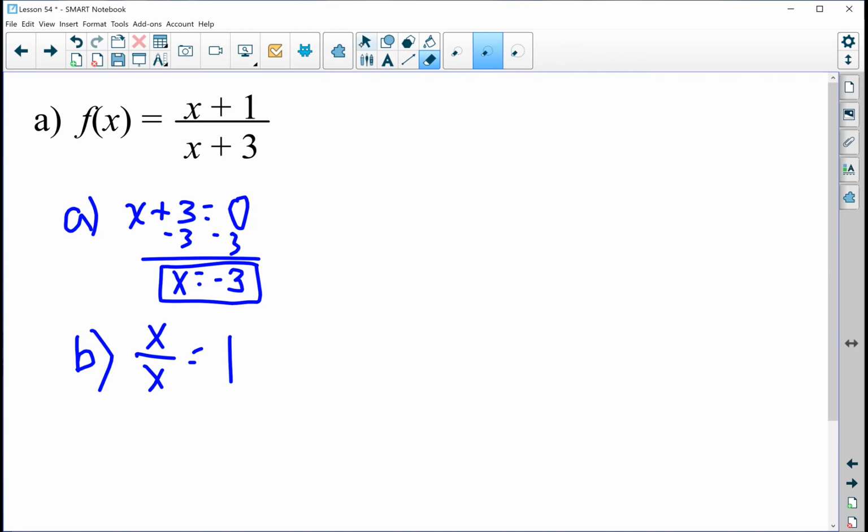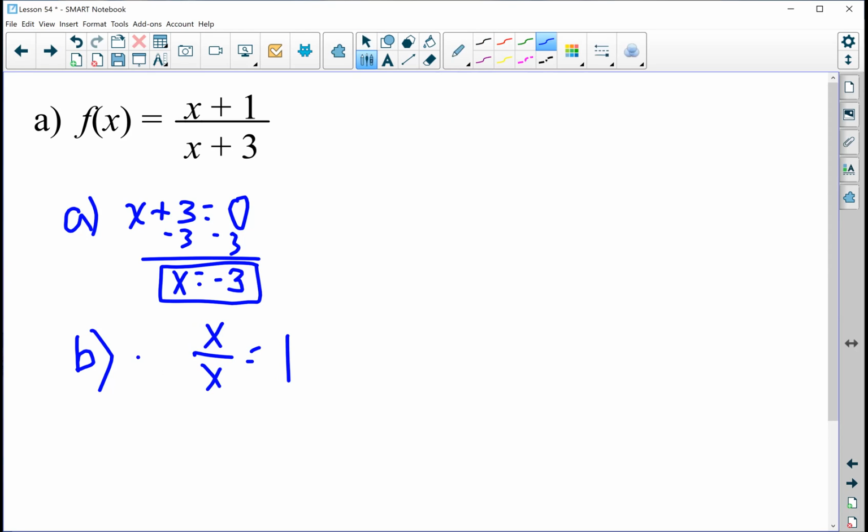So what this is saying is, as x gets larger and larger, basically adding 1 or adding 3 doesn't affect my total a whole lot. I'm going to get really close to that value of 1.